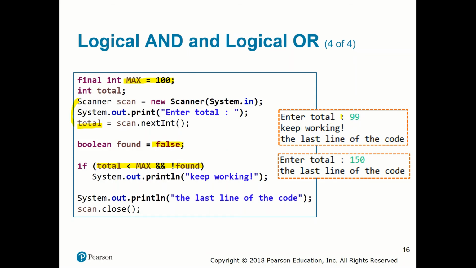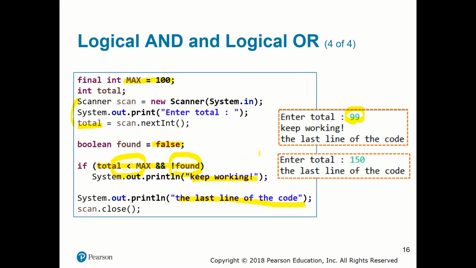If we put in a total of 99, then 99 is less than 100, so this is true. And found is false, but the not operator makes it true. So if total is 99, this part is true and this part is also true. So "keep working" is printed out, and the last line of the code will print as well.